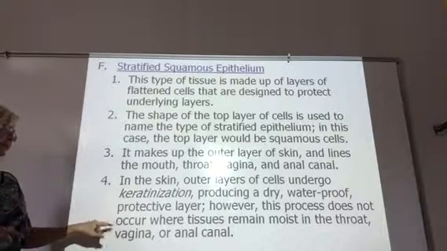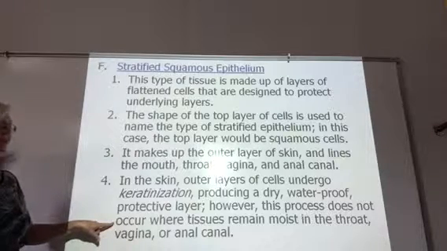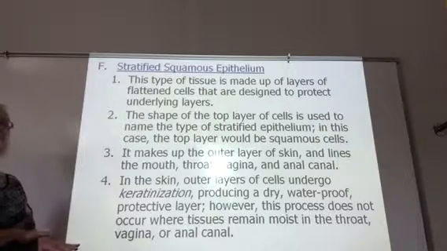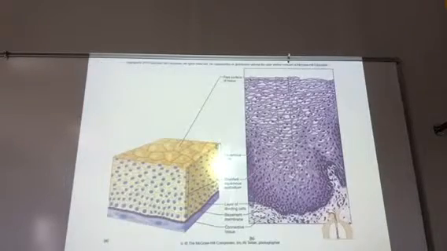However, this process doesn't occur where tissues are still moist. So like inside your throat, vaginal opening, things like that, keratinization does not happen there. In your skin cells, it very much is an important process.